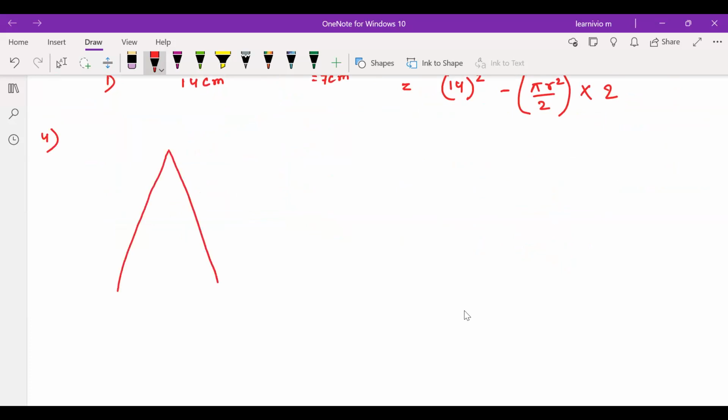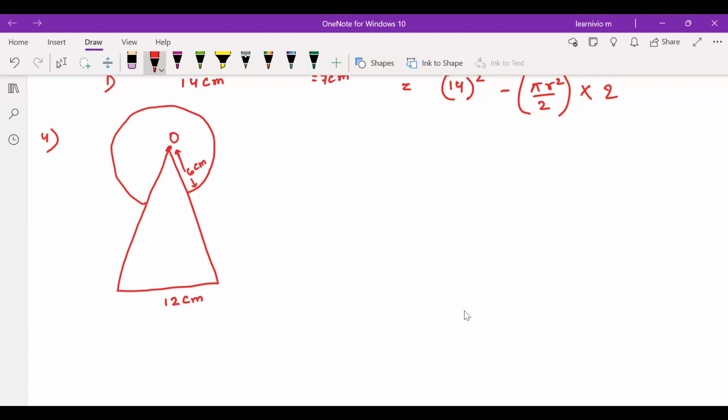Okay, here it's given as 12 centimeters. Here it's given as, okay, this is O.